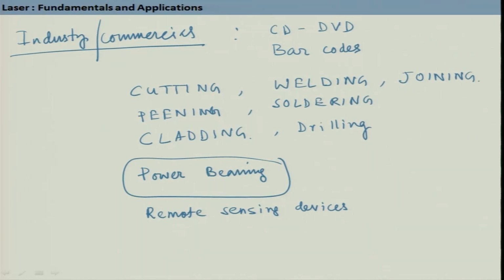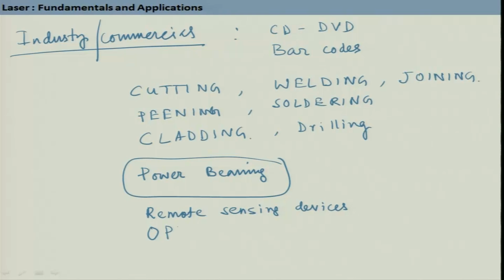Apart from remote sensing, there are various other types of detectors or sensors where laser is used. Another important area that many of you might be aware of is optical communication, where you need laser.